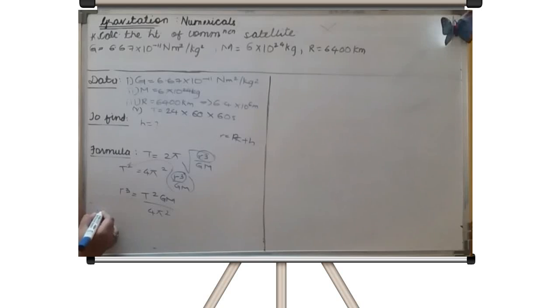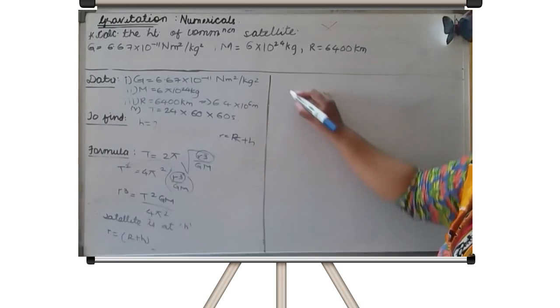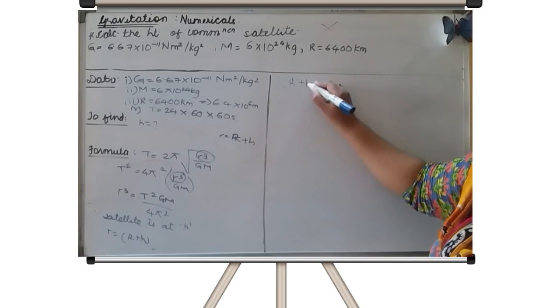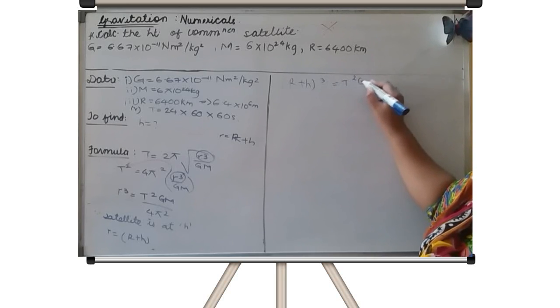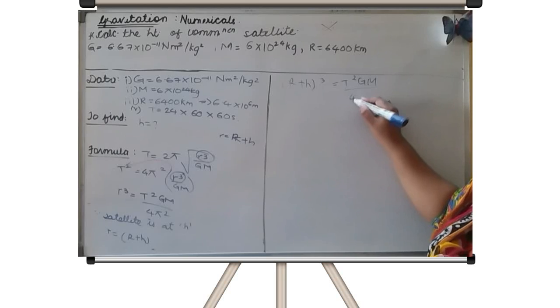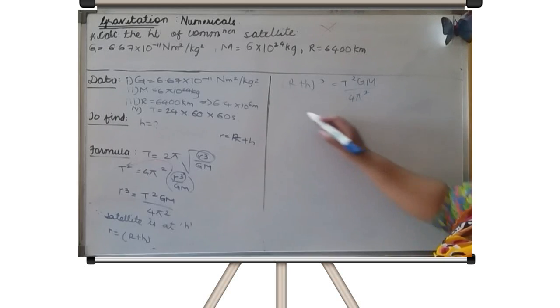But we know that since the satellite is at a certain height, small r is equal to R plus H. So we will substitute it here. That becomes capital R plus H the whole cube is equal to T square GM upon 4 pi square.